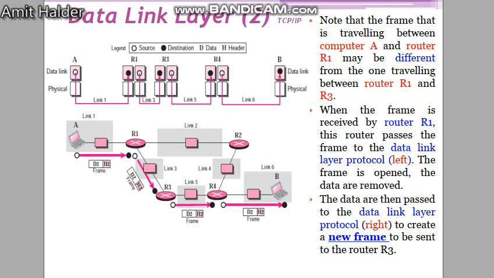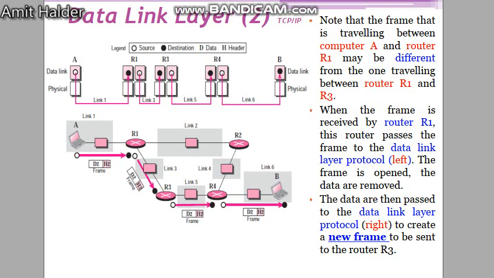As you can see, another data link layer has been established. The frame traveling between computer A and router R1 may be different from one traveling between router R1 and R3. So different hops and different links will establish different things. The frame may be different. When the frame is received by router R1, the router passes the frame to the data link layer protocol.